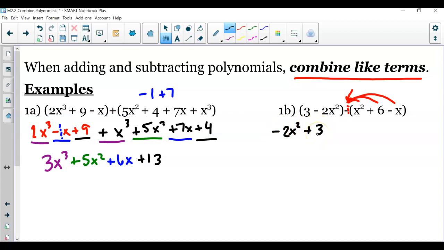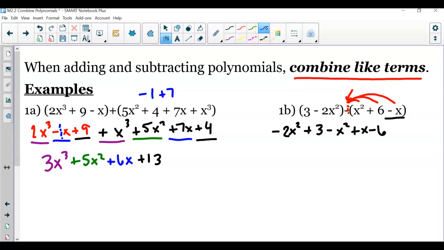Keep the sign with the term. Then I'm going to distribute. So instead of positive x squared here, negative x squared. Then, going in standard form, not minus x anymore because we're distributing the negative, so now plus x. Then instead of plus 6, now minus 6.